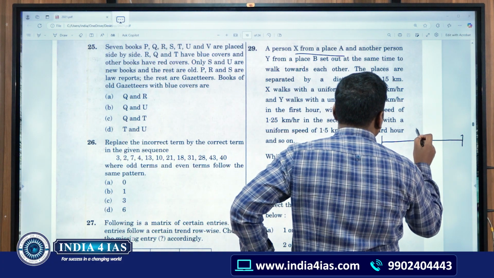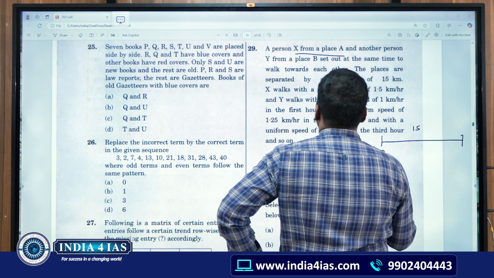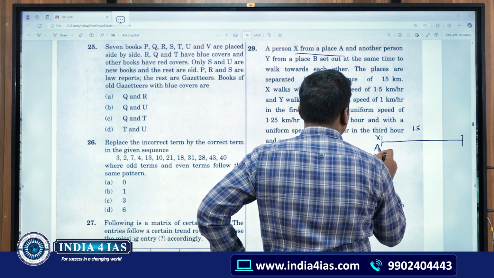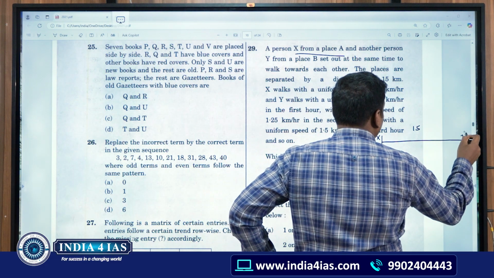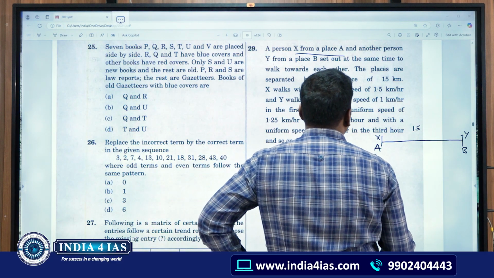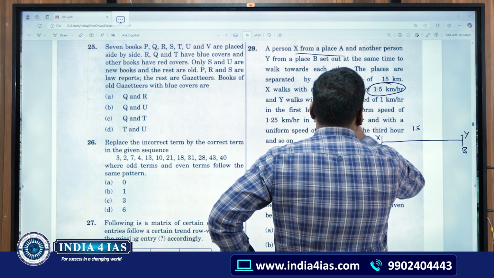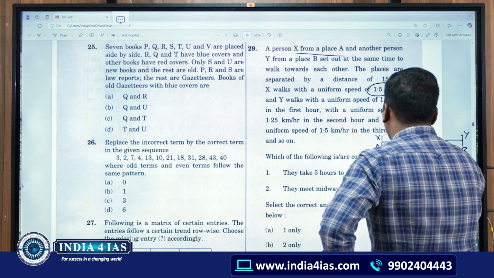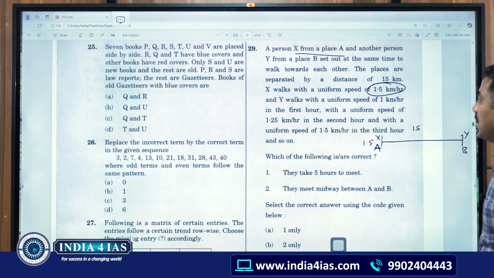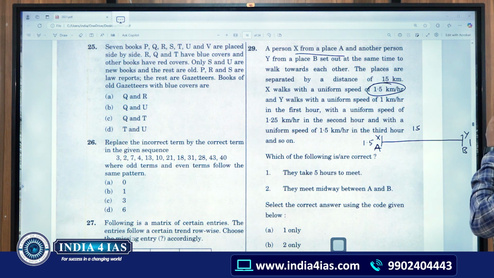From place A, X is living. From place B, Y is living. X walks with a uniform speed of 1.5 kilometer per hour. It doesn't change.